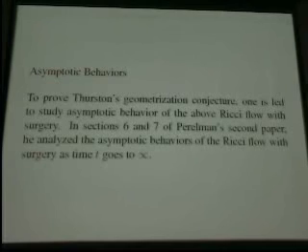To do that, with that key existence theorem, we need to analyze the asymptotic behavior of the Ricci flow with surgery. Okay, so this was done in sections 6 and 7 in the second paper. He analyzed this asymptotic behavior.